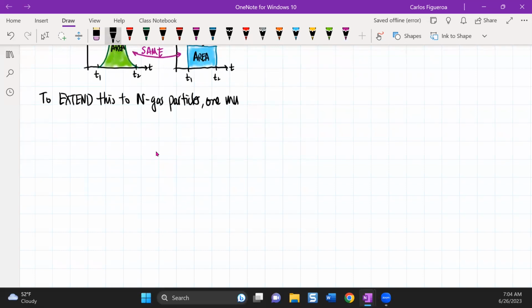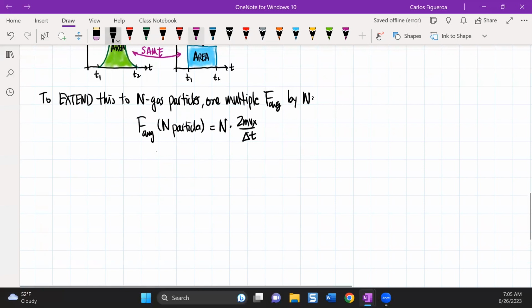One multiplies F average by n. In other words, I now have the average force for n particles, and this is going to be n times 2mvx over delta t. So now we've calculated our first piece of the puzzle.